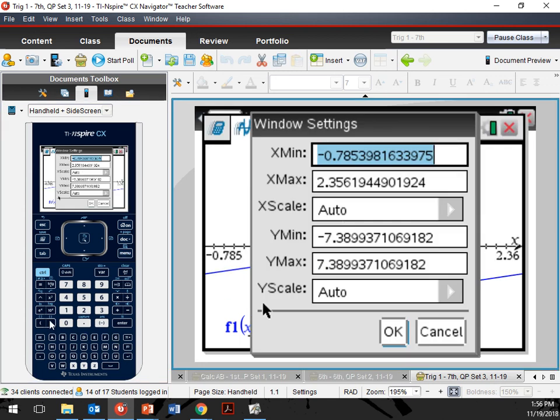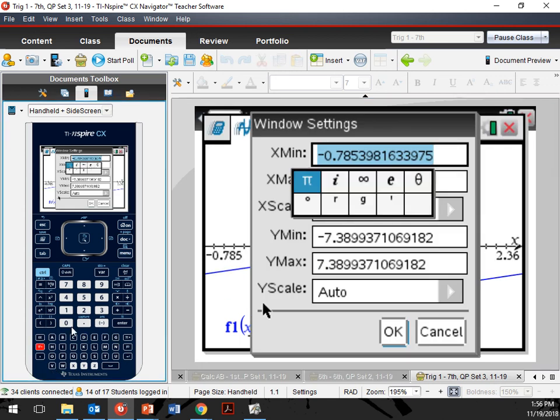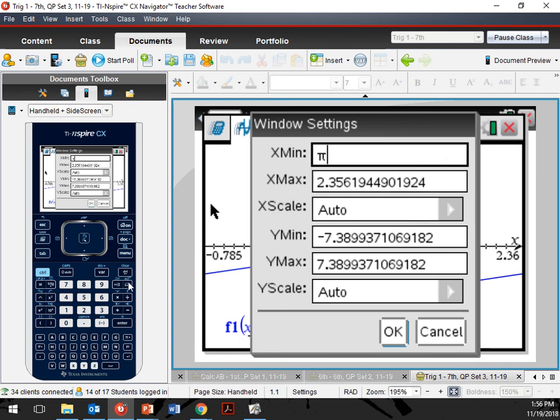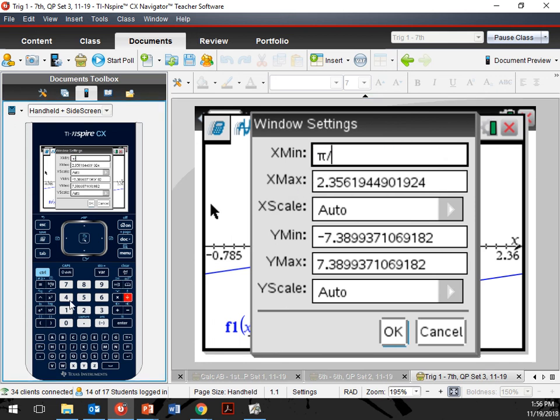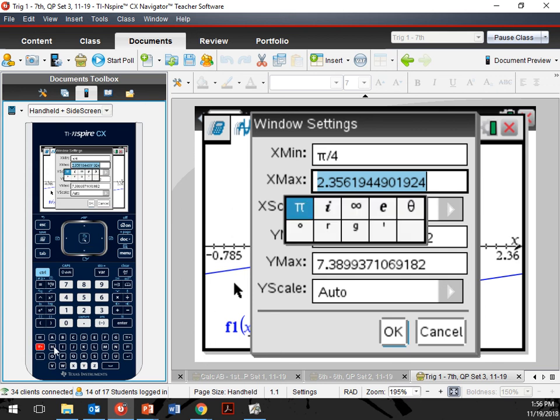So let's try positive pi over 4. And if I did this correctly, I'm only going to see one of the graphs. And if I went positive pi over 4, if it'd be pi, right? Would it be like 5 pi over 4? If I have pi and I add another quarter? I don't know. Let's see how smart my calculator is.